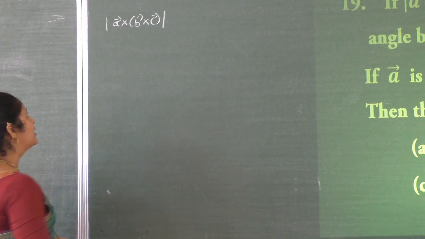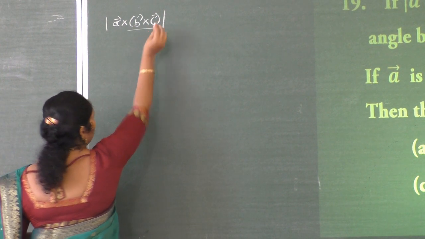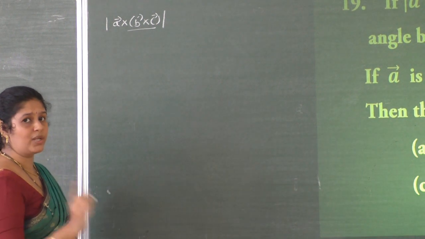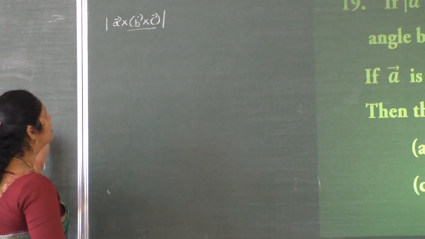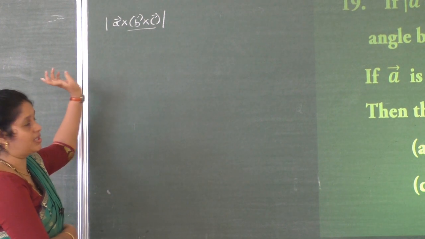Now imagine that vector B cross vector C is one vector and use the definition of the cross product of two vectors.